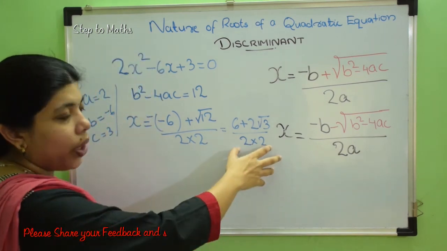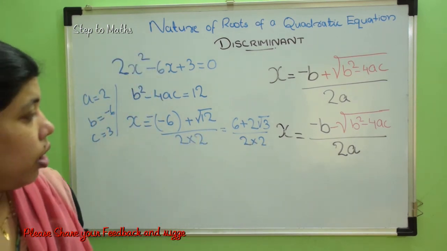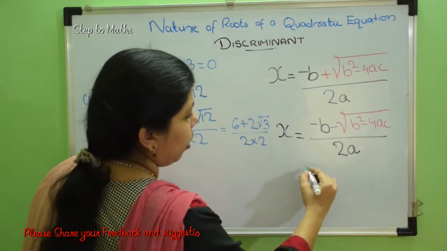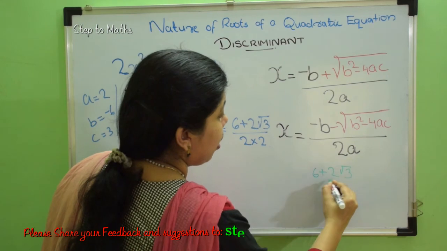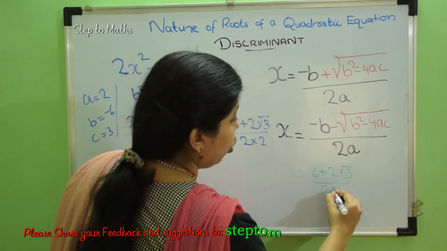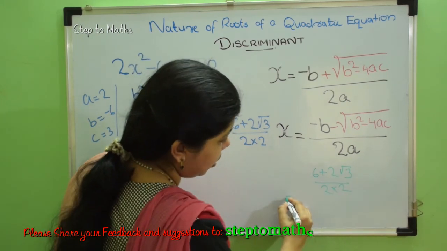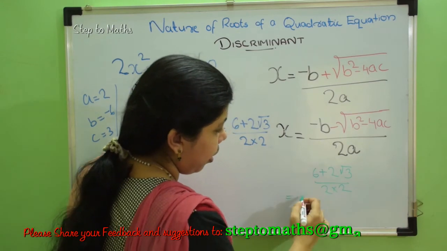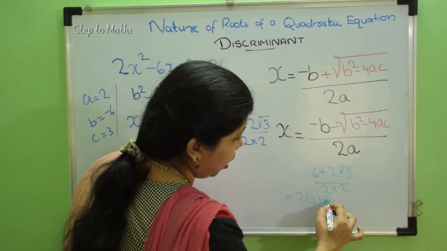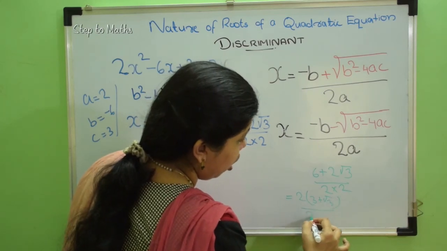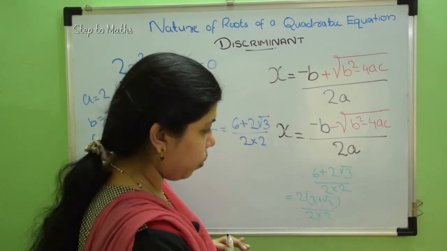Okay, we can simplify it again. How? 6 + 2√3 by 2 into 2. That is equal to 2 into (3 + √3) by 2 into 2.